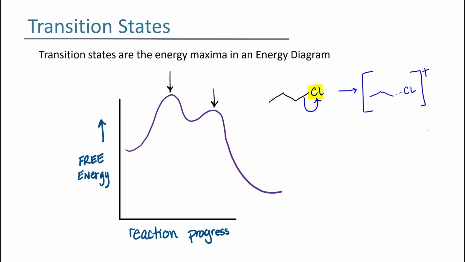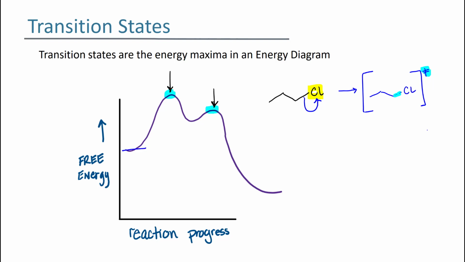Then transition states are always in brackets with this symbol off to the upper right, and that's called a double dagger. It looks like a telephone pole with wires to me, but it's called a double dagger. This transition state is showing that the carbon-chlorine bond is breaking by drawing that bond as dashed. If there was also a bond that was forming, we would also draw that as dashed. So these energy maxima here are going to be your transition states.